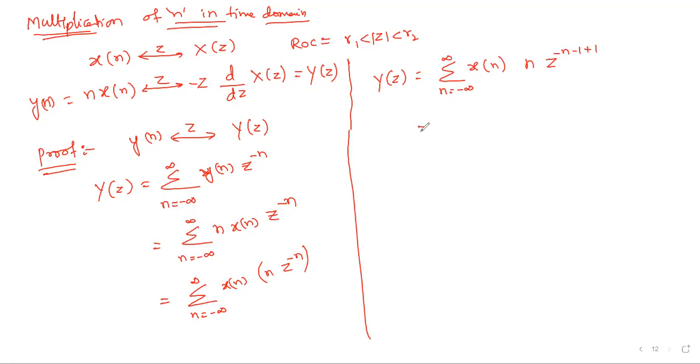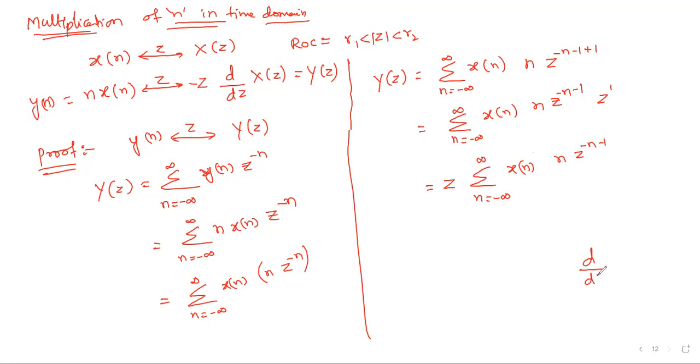So summation of x[n] z^(-n-1), and the plus 1 will become z^1. Now take this z outside. It will become z times summation of x[n] z^(-n-1). If you look at here, what is the differentiation d/dz of z^-n? It is -n z^(-n-1). This is the differentiation of this one, right?